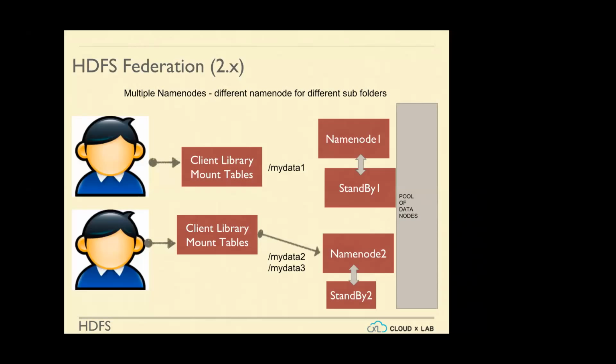So basically, the data nodes' space is pooled by name node 1 and name node 2, while this behaves like two different file systems. So we have two name nodes, name node 1 and name node 2.